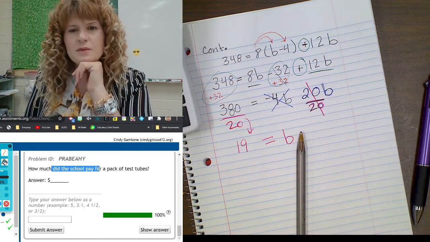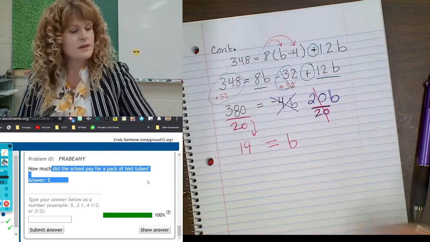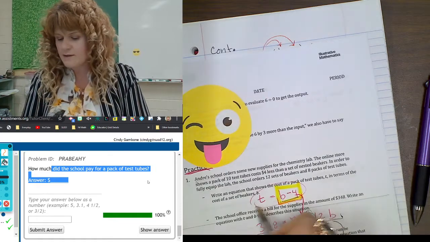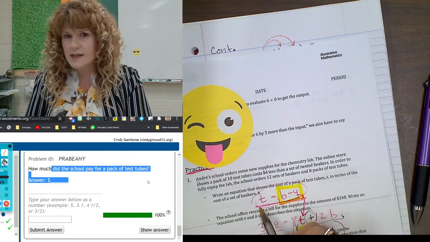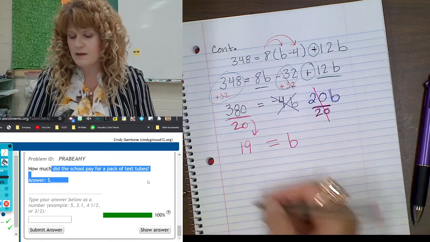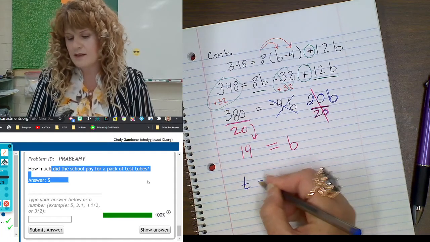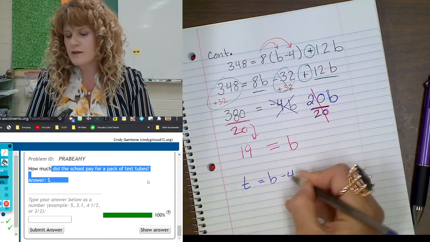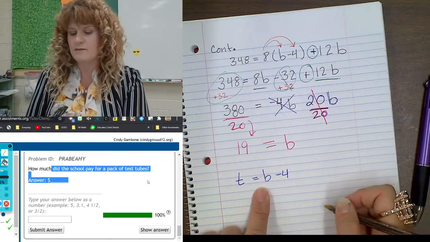How much did the school pay for a pack of test tubes? Okay, so you're going to have to go back to this equation for T, because you remember the cost of test tubes is $4 less than the cost of beakers. So B minus 4, $4 less than the cost of beakers.